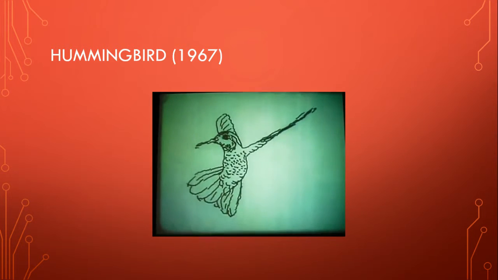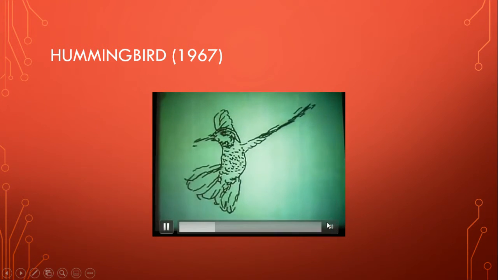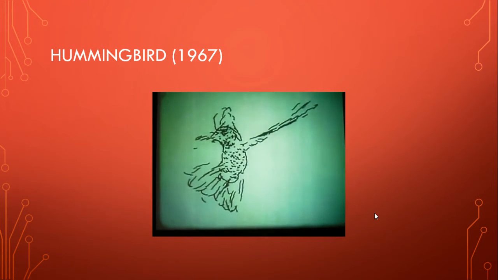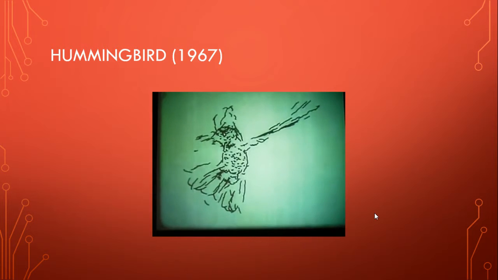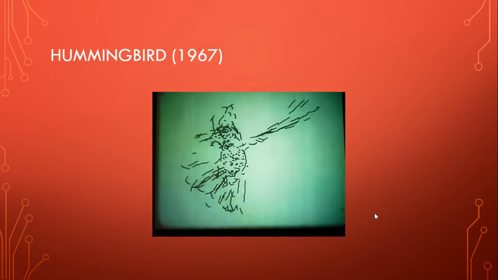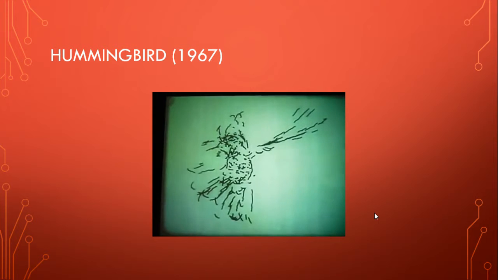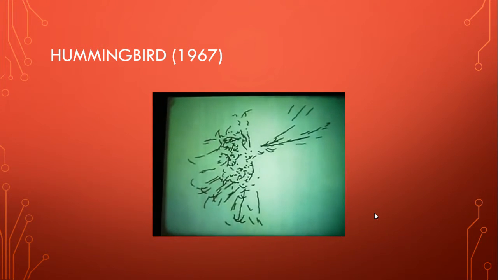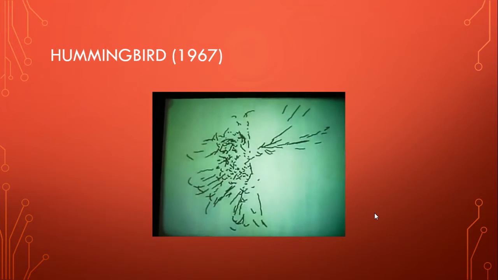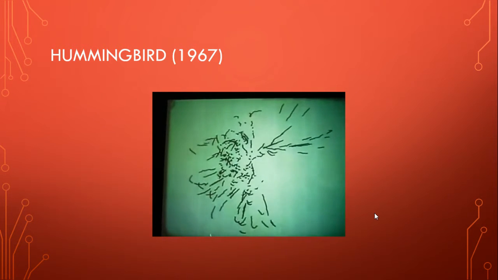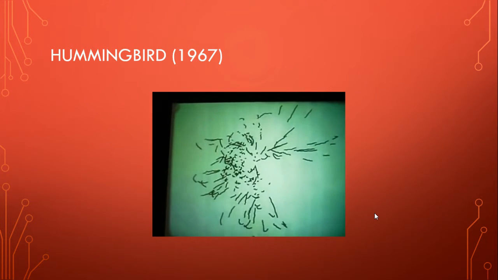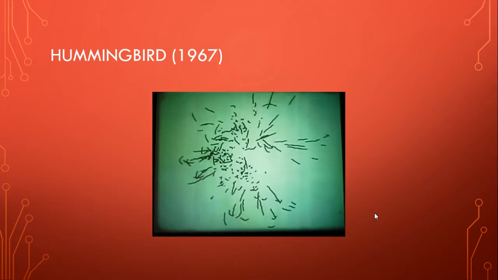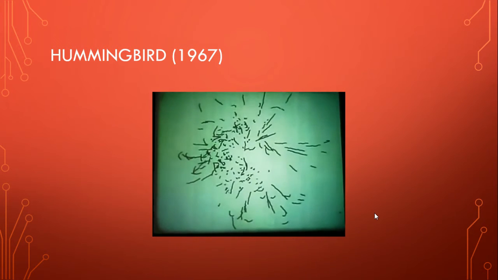This film is fairly simple, but you get a sense of how the computer takes something that looks hand-drawn and then suddenly is able to manipulate it in a way that a 2D animated film might be unable to do. So 1967, we get the birth of CGI.